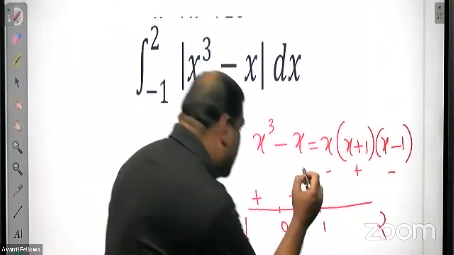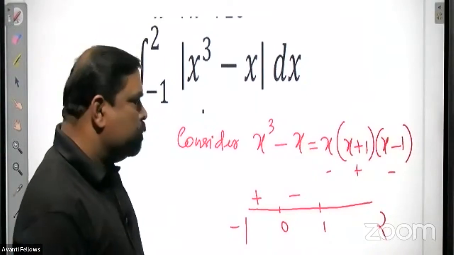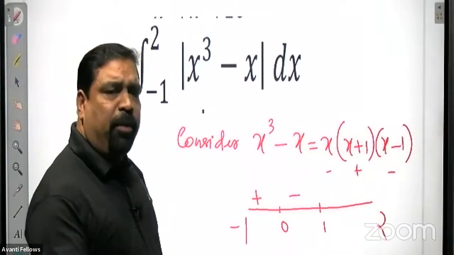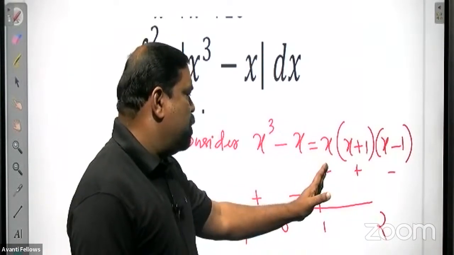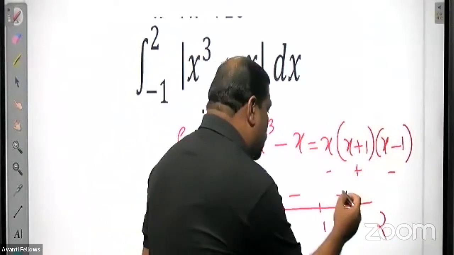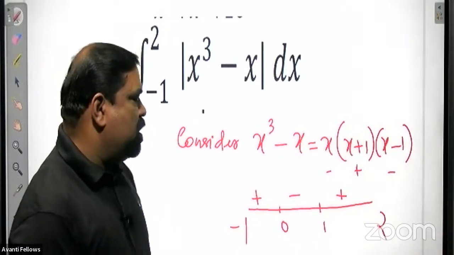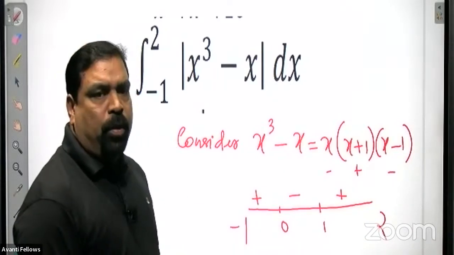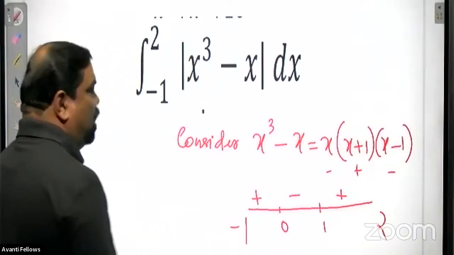So here it is negative. The third interval, 1 to 2. Take a value in between 1 and 2, 1.5. 1.5 means positive, again positive, again positive. So the whole product will be positive. So this is the way we have to break this integral as three integrals actually.